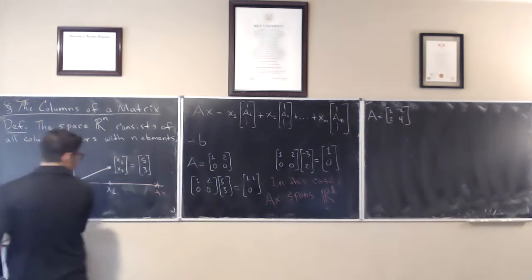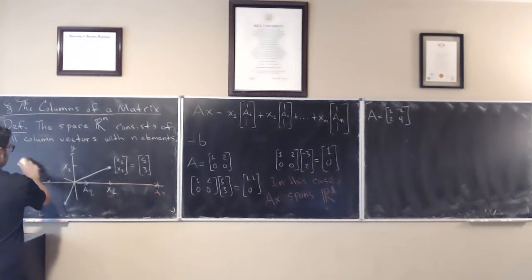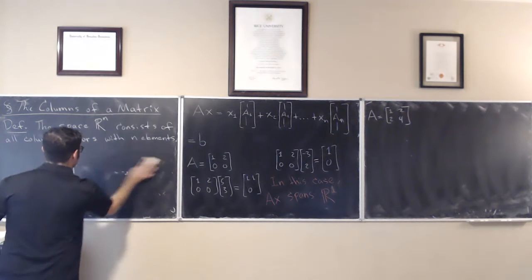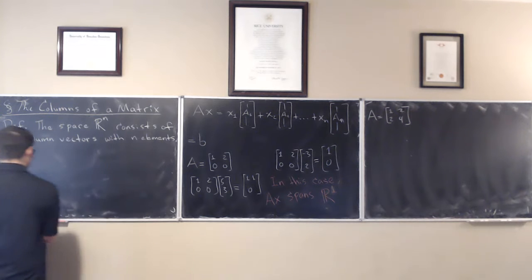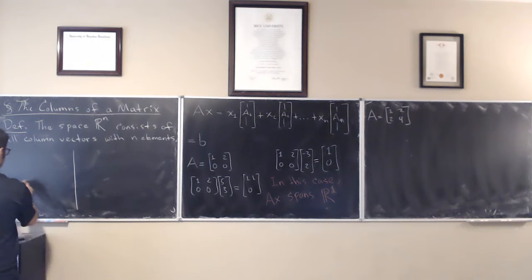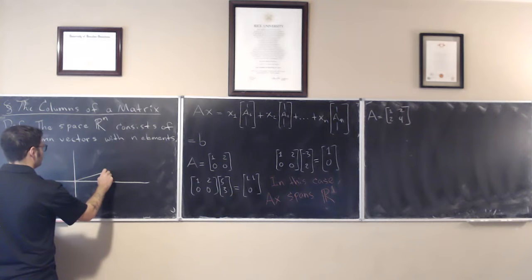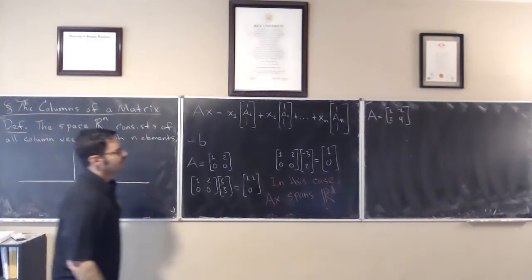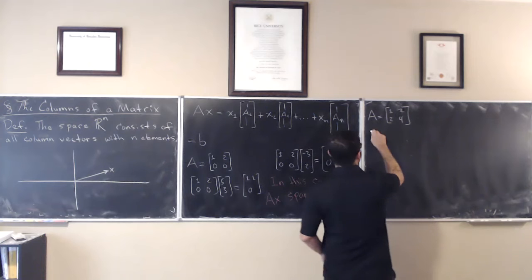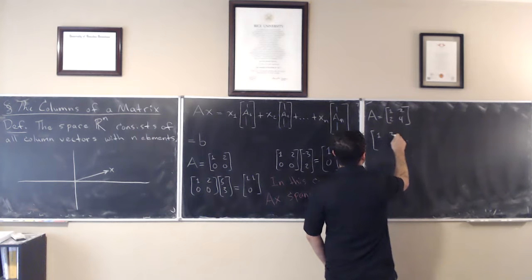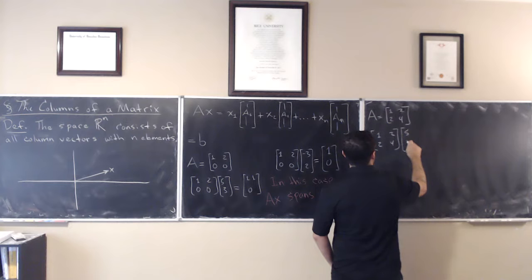Okay, so our first vector is 5, 3. So 5, 3 was right there. This was x. So let's see what happens now. 1, 2, 2, 4 times 5, 3.